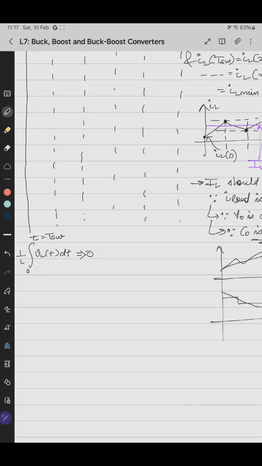If you break it into two parts, what we'll get is the integral from 0 to d into t switching of VL during on time dt, plus the integral from d into t switching till t switching of VL dt, which should be 0.